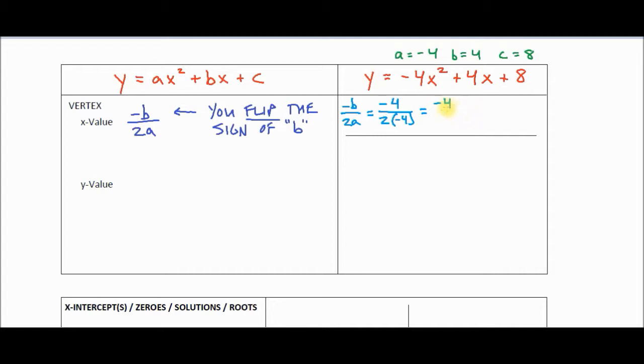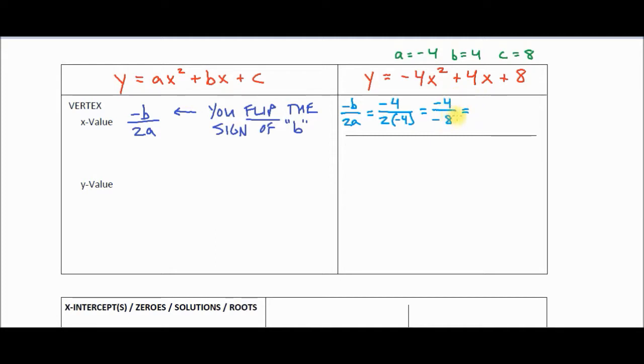This is negative 4 over, well, 2 times negative 4 is negative 8. Go ahead and plug this in your calculator. Negative 4 divided by negative 8. It's going to give you 0.5. We also know we can reduce this. The negatives cancel because a negative divided by a negative is going to give you a positive number, just like negative times a negative gives you positive.